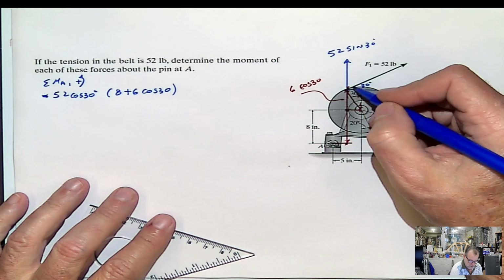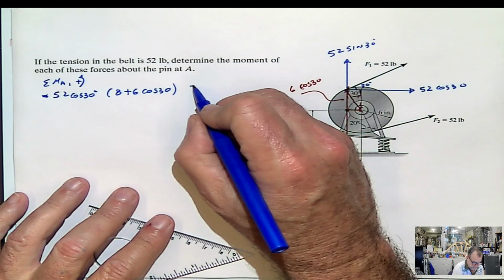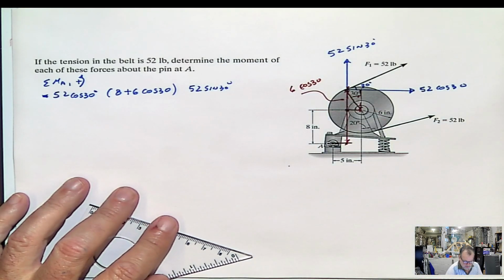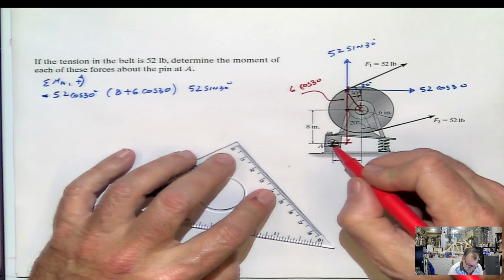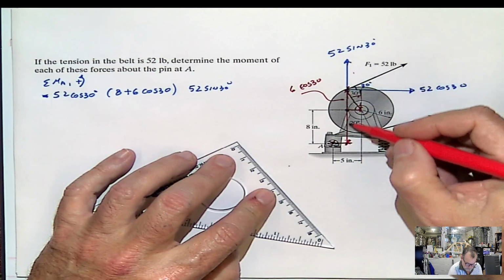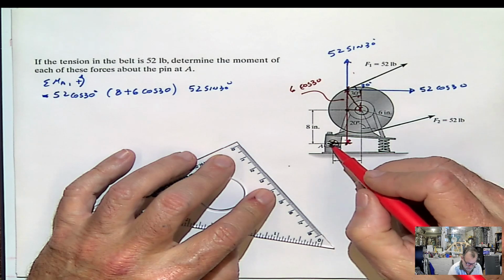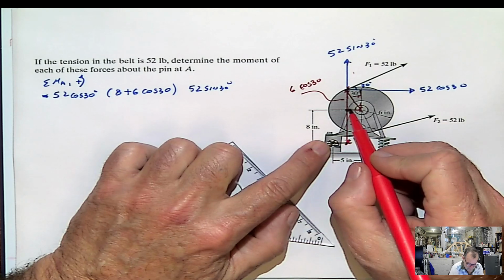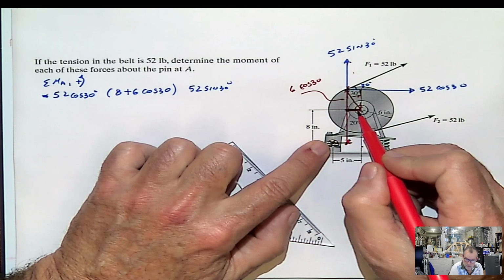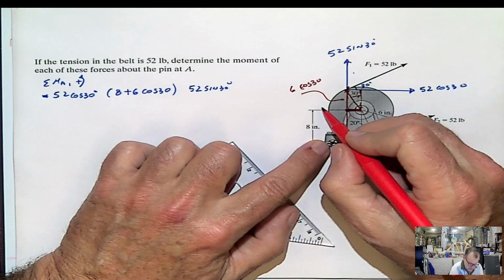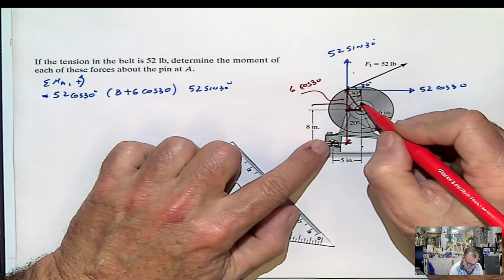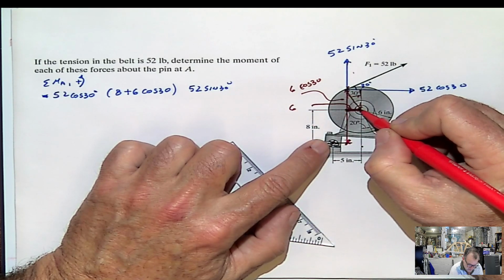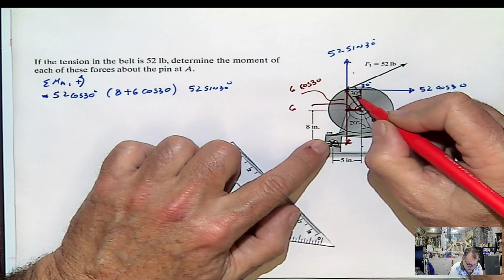Now, the other force is this one, 52 sine 30 degrees. That means that we need the horizontal distance, this distance, from that force, vertical distance, to the point A. And we know this total distance is 5, but we can focus on this little piece here, and that little part over there will be 6 sine of 30, because this is 30, right?